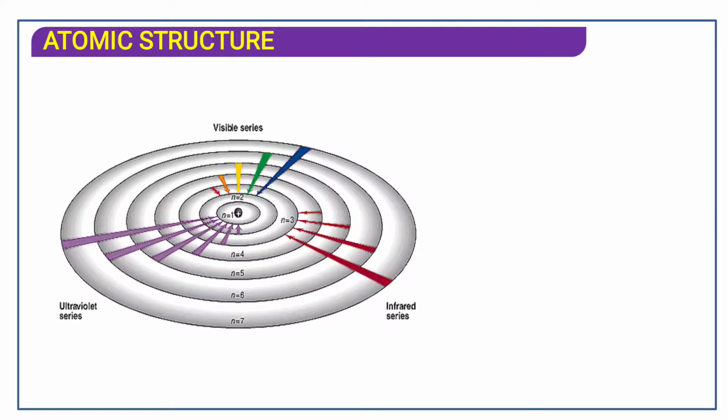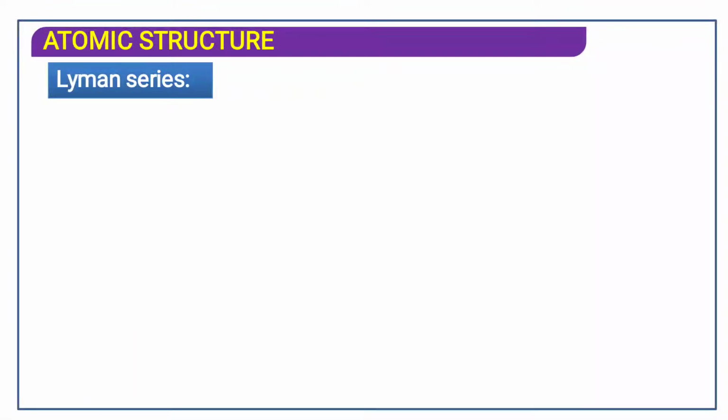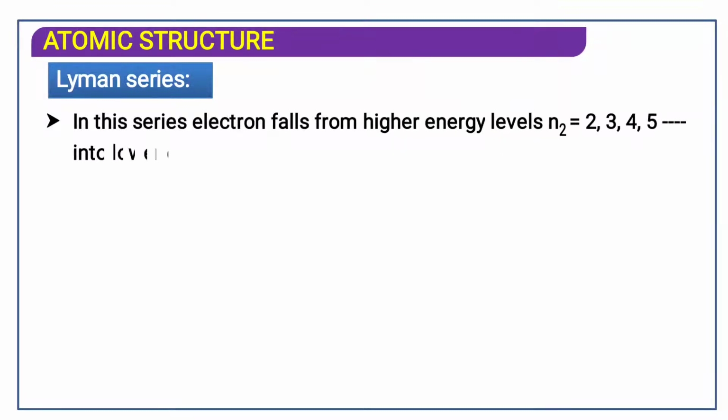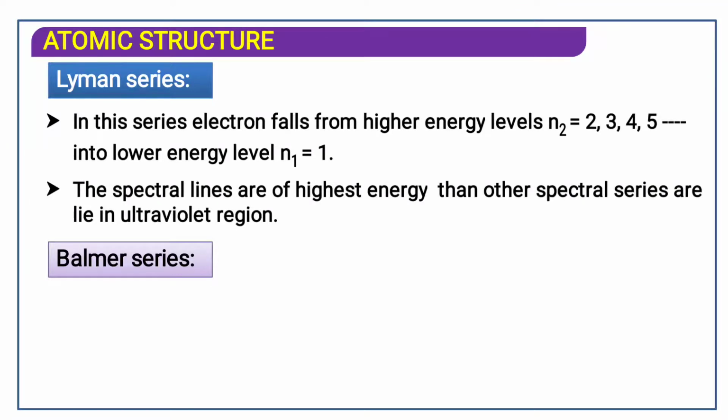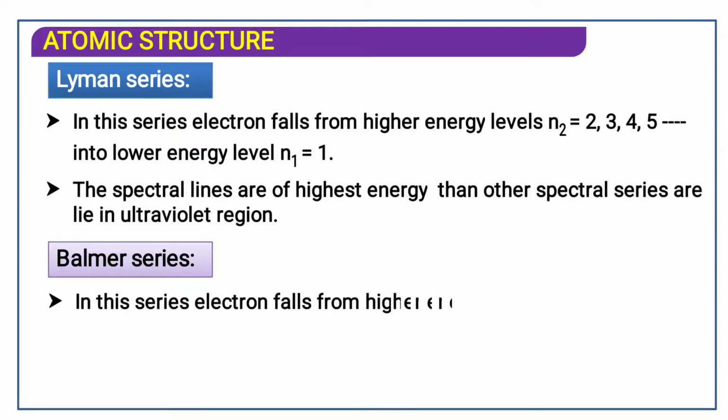Here you can see the circular diagram. For the Lyman series, try to understand and remember the formula. In this series, the electron falls from higher energy levels, as I explained, second, third, fourth, to n equal to 1. The spectral lines have the highest energy compared to the other spectral series and lie in the UV region, and Balmer you know very well.